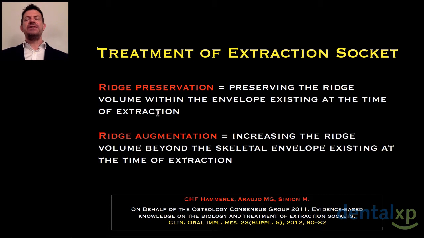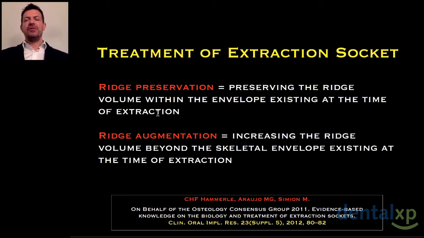Basically, the main difference between ridge preservation and ridge augmentation is the clinical indication for these two different procedures. We can use the ridge preservation approach when the volume of the ridge is intact, or we have just a small resorption that is no more than 20%, or maybe just something around 1 millimeter of bone resorption.